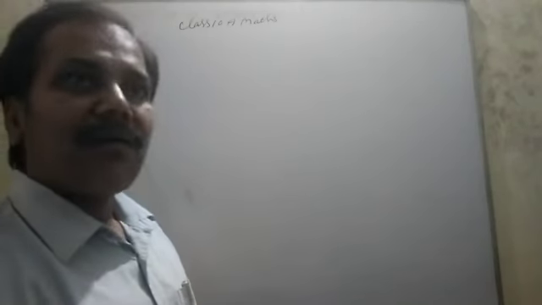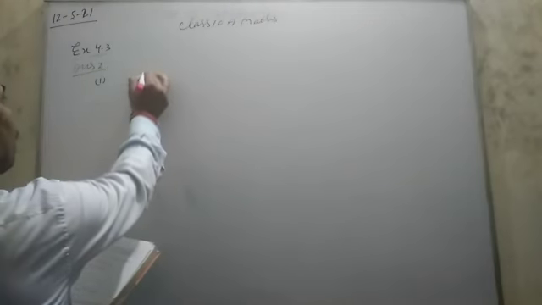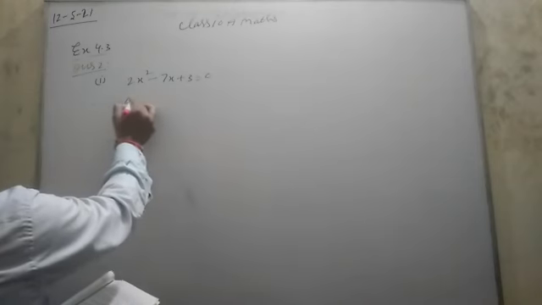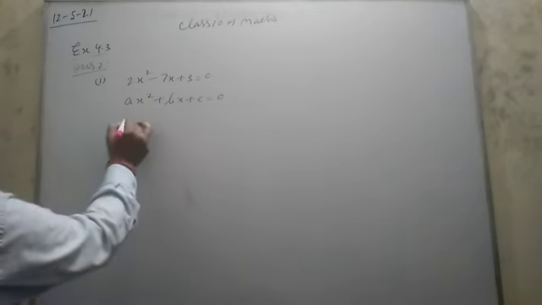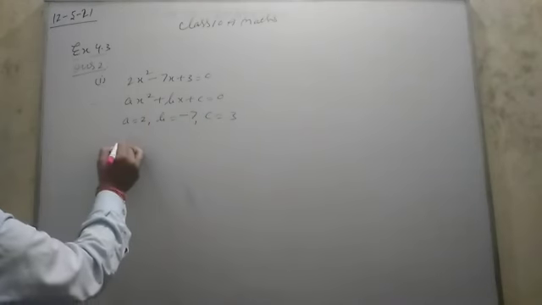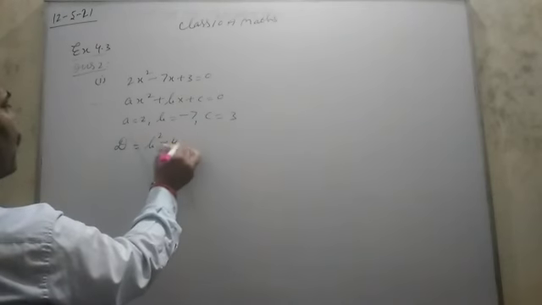In question number 2 also we have to do question 1 by the quadratic formula. So question number 2, the first part. First you compare the given equation with ax square plus bx plus c is equal to 0. So a is equal to 2, b is equal to -7, c is equal to 3. Then find the discriminant, b square minus 4ac.